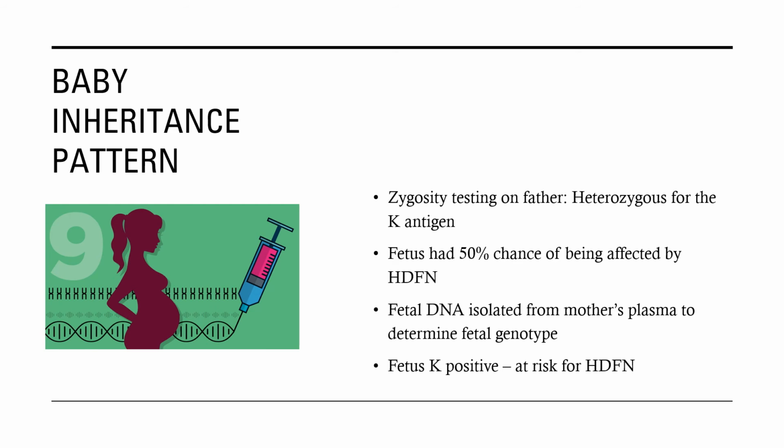To confirm the dad's alleles, a blood sample from the father was collected for zygosity testing, confirming the third scenario, in which the father was heterozygous for the K antigen. So at 12 weeks of gestation, the fetal DNA was isolated from mom's plasma to determine the baby's genotype. The fetus was then confirmed to be K positive and at risk for HDFN.